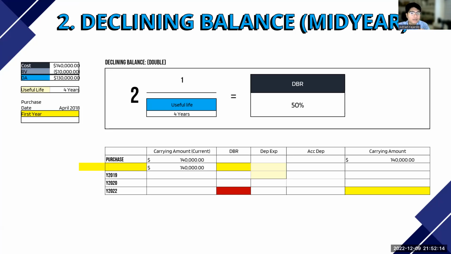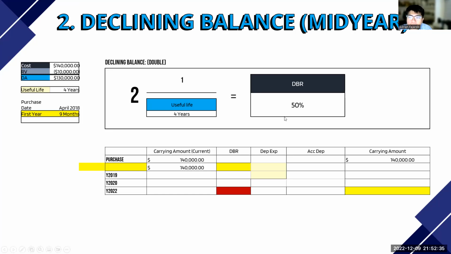And that's how many months? April, May, June, July, August, September, October, November, December. 9 months. Another way is January, February, March. That's 3 months. So 12 minus 3, 9 months, right? So for the first year, we have to account for 9 months' worth of depreciation.